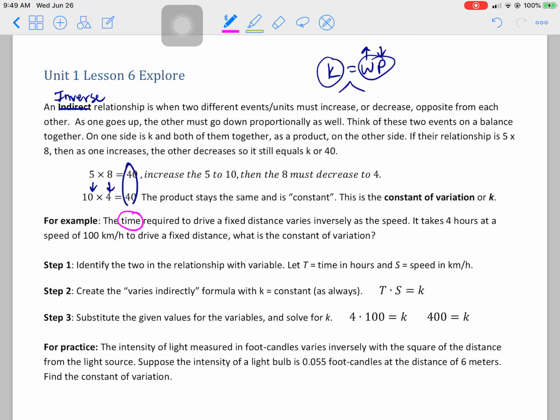So it's time varies inversely as speed. That's better. Because then it goes on to talk about hours and kilometers per hour. So time, speed, varies inversely means they're multiplied together. Okay, substitute the numbers in, time and speed, and you get a K of 400.